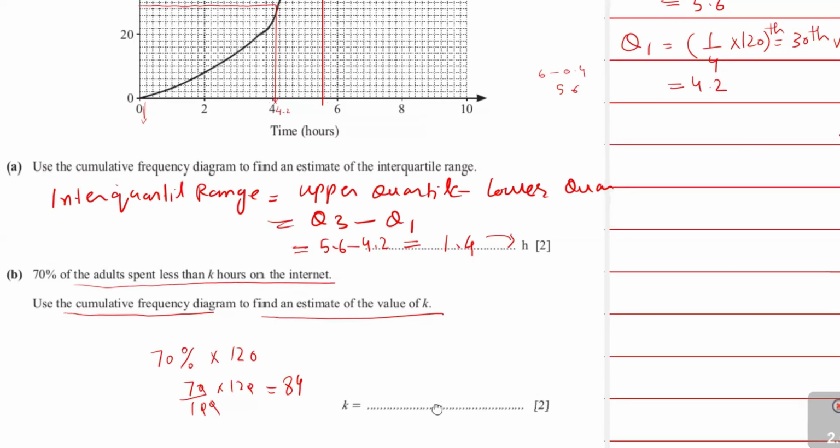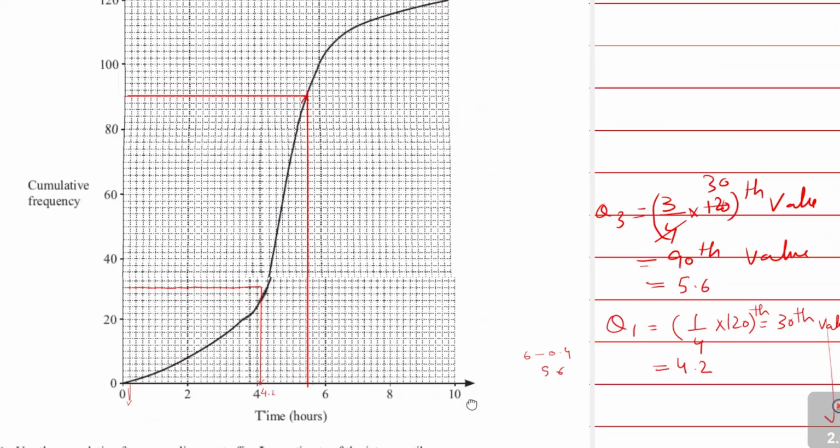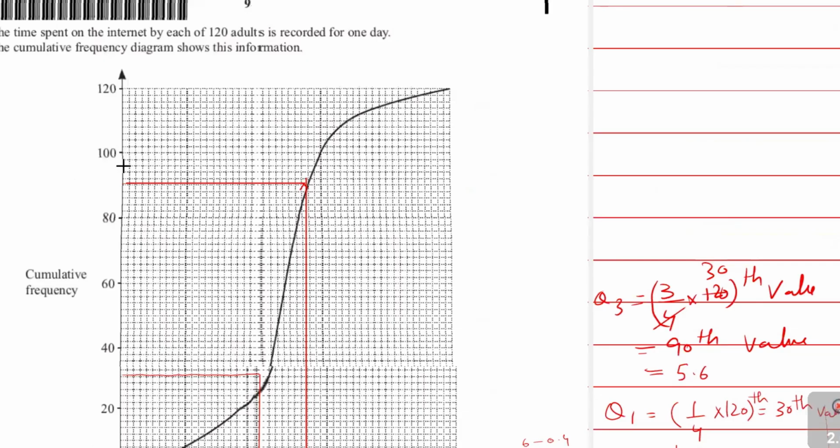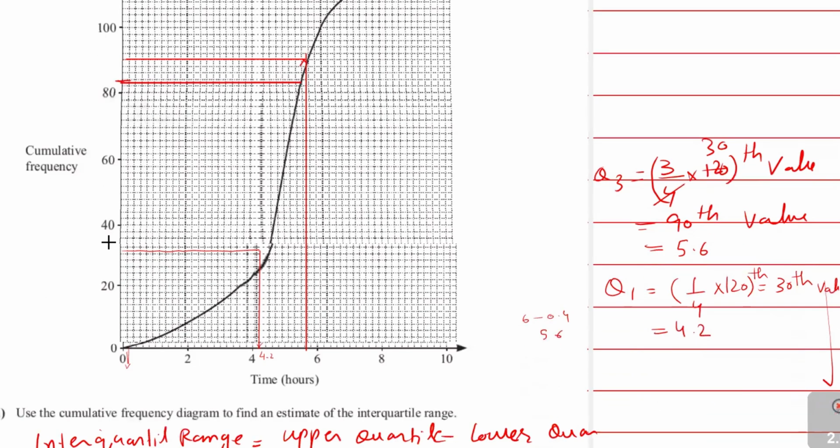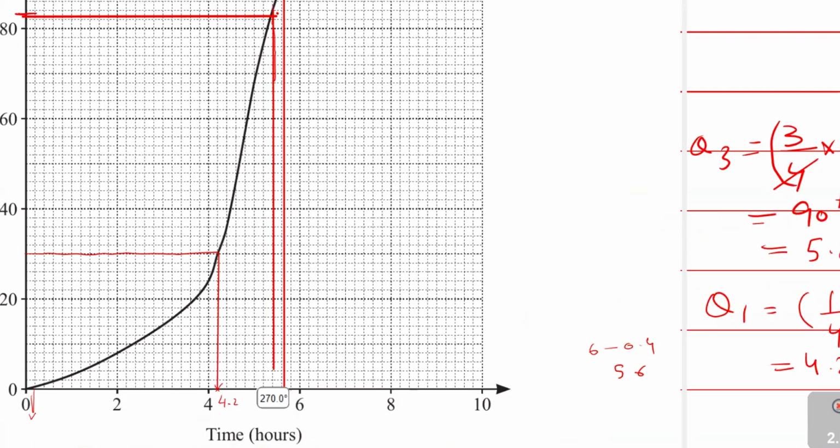Look here, this position is 84. Now we will mark this position and draw a horizontal line. This horizontal line intersects the graph at this position. Now we will draw a vertical line from this intersecting point, and this vertical line meets the graph at this position.